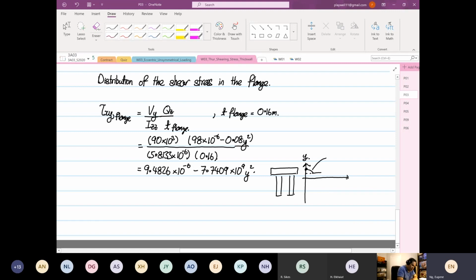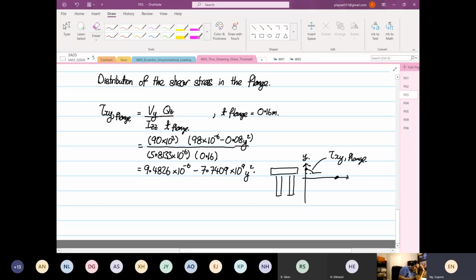So this is where we have our shear xy at the flange. So the only way to check this is how? Plug in y max and see if it's 0? You don't know y max yet because y max is at the centroid. We are not at the centroid yet.